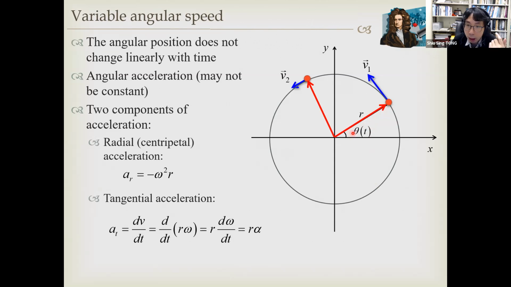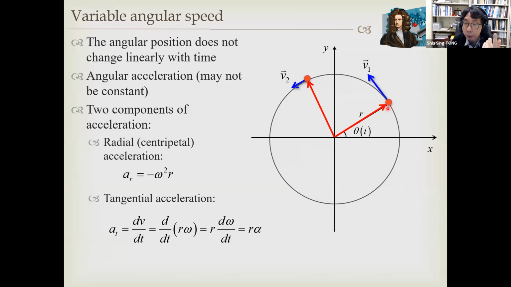So instead of writing the angle as omega t, where omega is a constant, we will consider a general function of theta with respect to time. The angle may change with time in a very complicated way, but as long as it is a circular motion, the radius doesn't change.